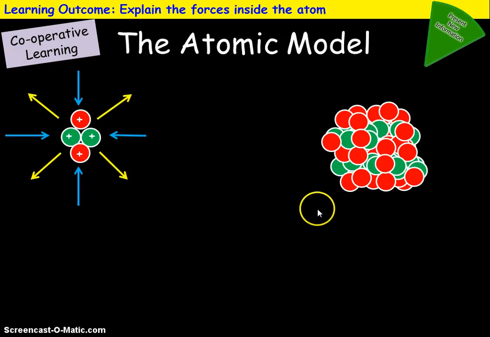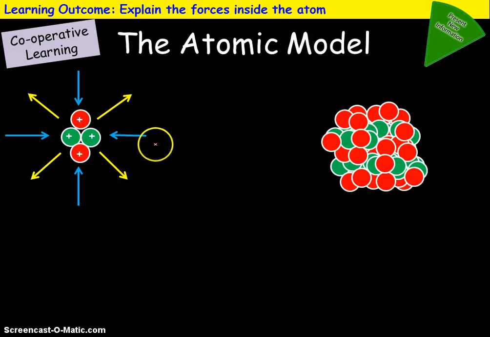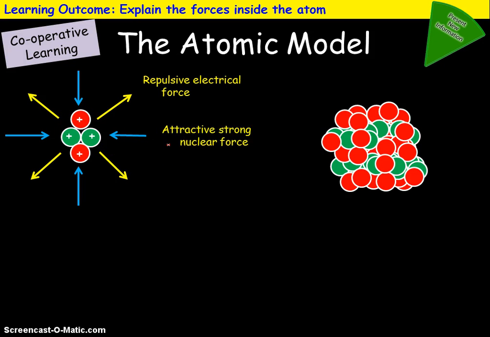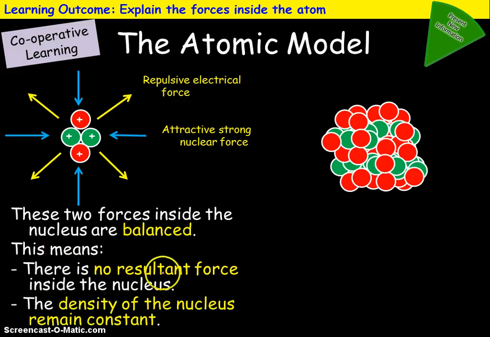So when this happens with a small nucleus and the forces are balanced, the nucleus is quite content and doesn't do anything bizarre. So the forces are balanced, and that means that there's no resultant force inside the nucleus, the density remains constant, and most importantly, I know you can't see that, it is stable.